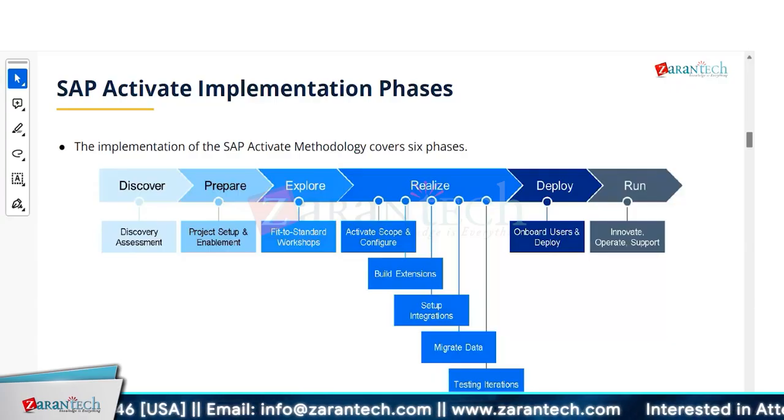Again, coming to the final stage, once you have done everything, you will have to go into testing, right? So all the testing iterations could be your unit testing in development, then your integration testing in quality, user acceptance testing, regression testing, performance testing.